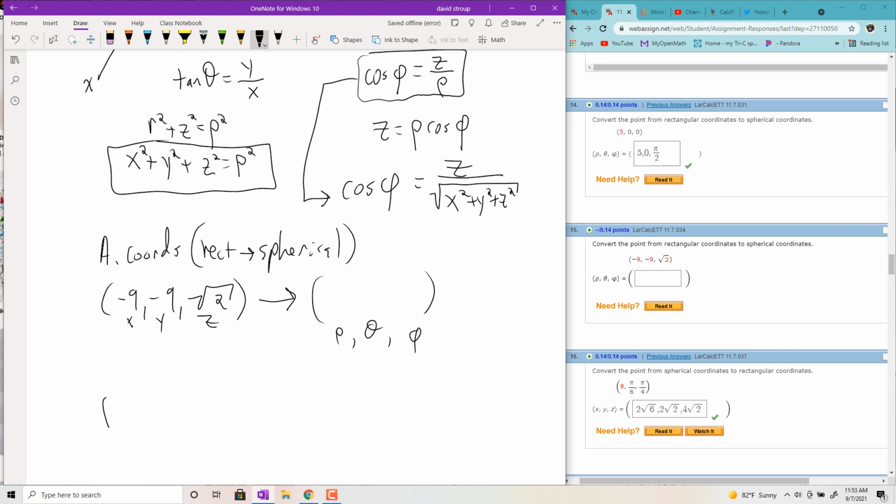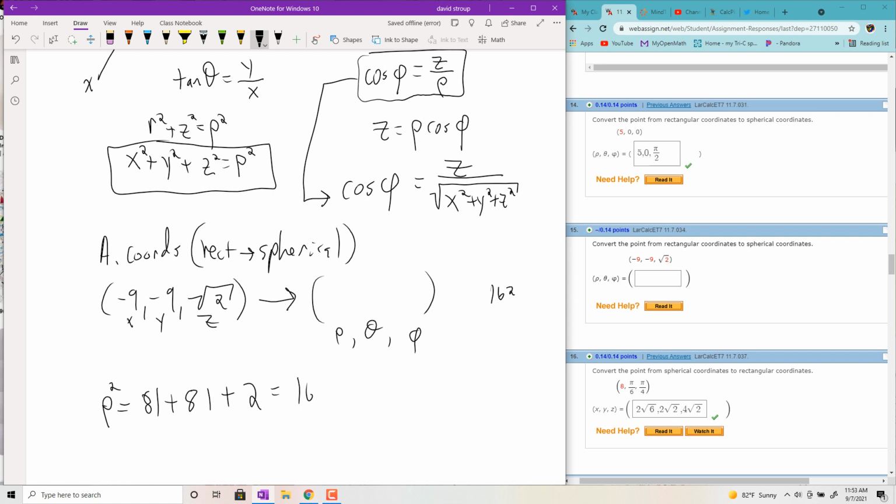Right, so the square of rho is going to be x squared, so 81, plus 81, plus the square root of 2 squared, which is 2. So 162 plus 2 is 164.